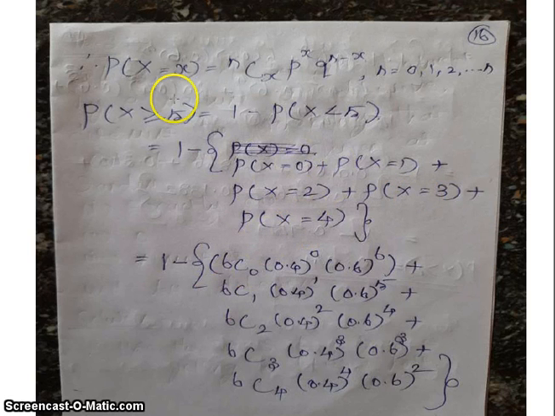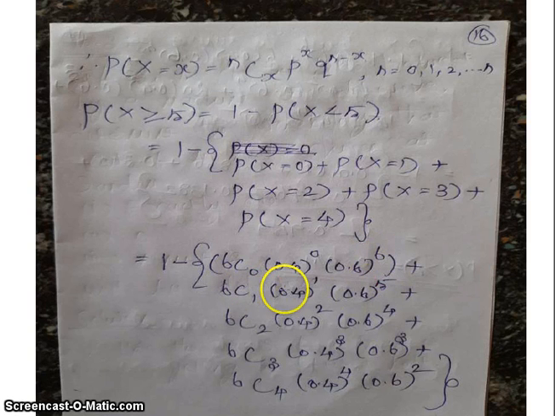So now we have to apply this equation for each value. P of x equal to 0 is 6C0, where 6 is the n value. p is 0.4 to the power 0 and q is 0.6 to the power 6, because it is n minus x, n is 6 and x is 0, so 0.6 to the power 6.